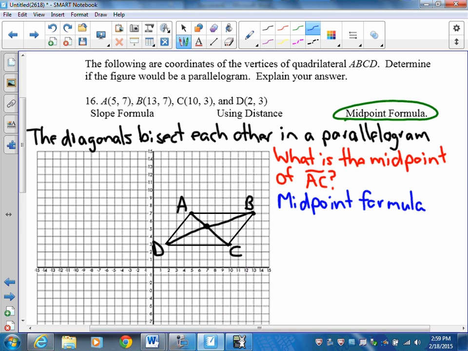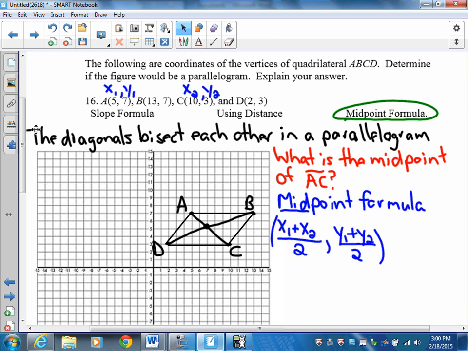The midpoint formula, I think, is the easiest one to remember because it's just the averages. Whenever we see this word mid, again, we should be thinking middle, average. The formula for average is you add them up and you divide them by 2. That's the average of x's. We do the same thing with our y coordinates. We add them up and we divide them by 2. So I'm finding AC. So this would be my x1, y1, and this would be my x2, y2.